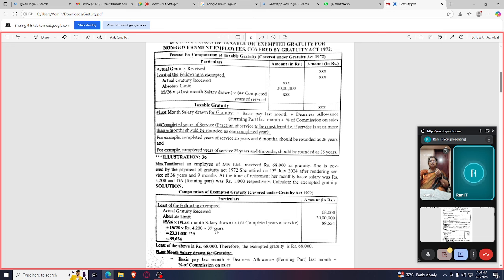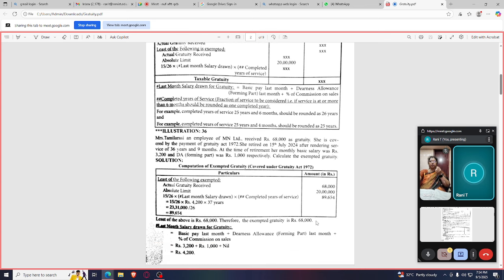So what answer do you get? You get 89,654, which is the amount we have to take outside, and we have to compare which is the least one: 68,000, 20 lakhs or 89,654. Only 68,000 is considered to be the least.